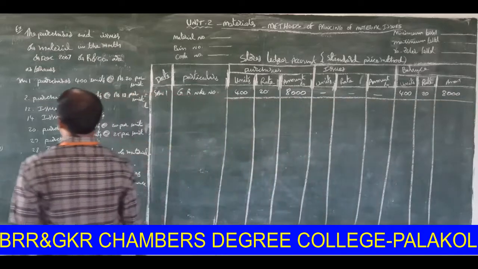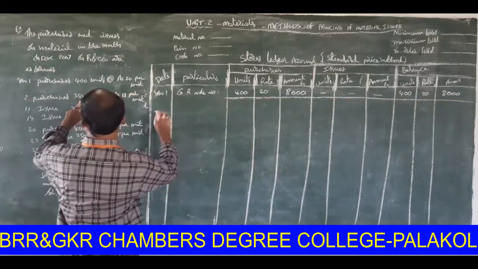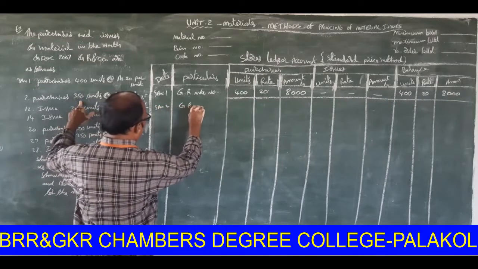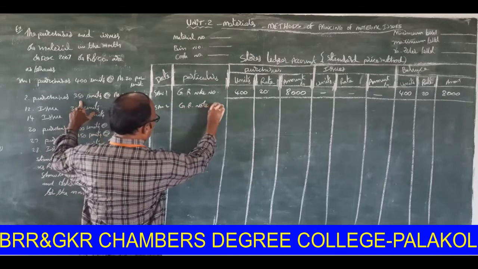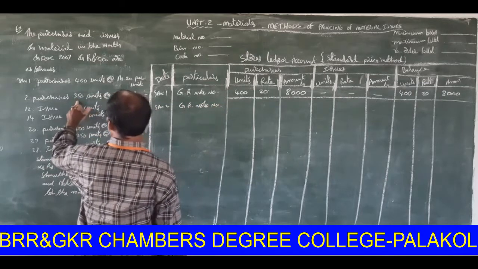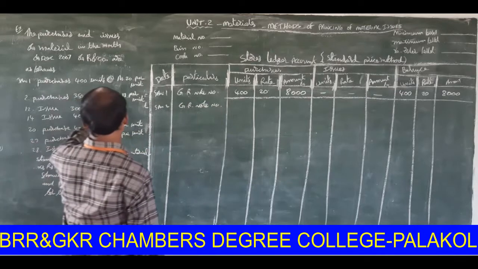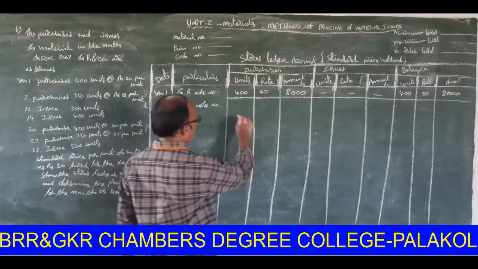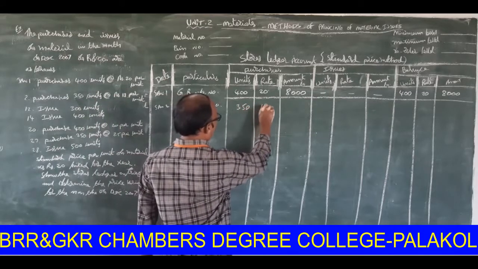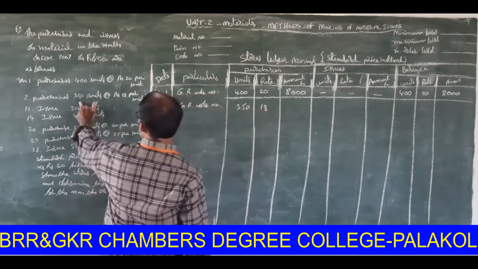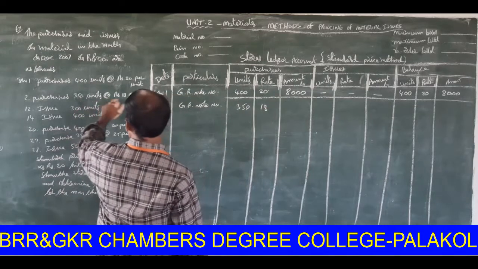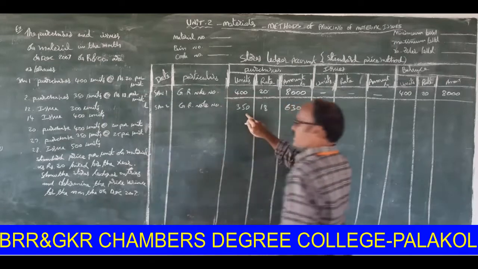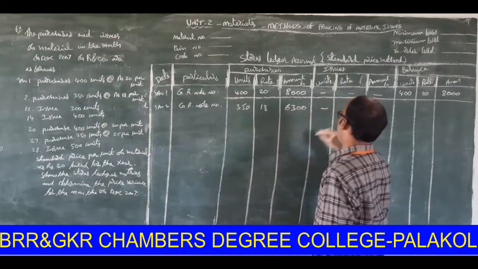Next one, 350 units, January 2nd purchases. Goods received note number, purchases 350 units at the rate of 18 per unit. 350 into 18, 6,300.